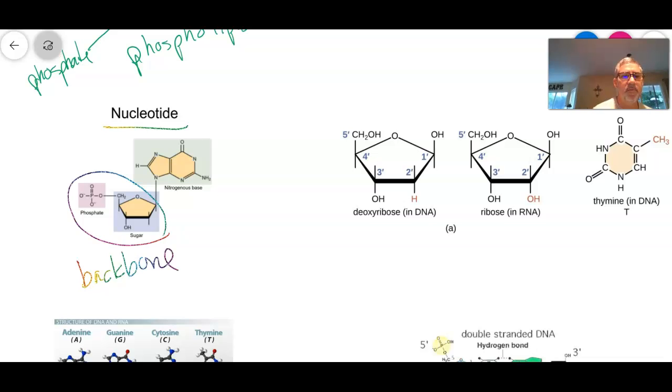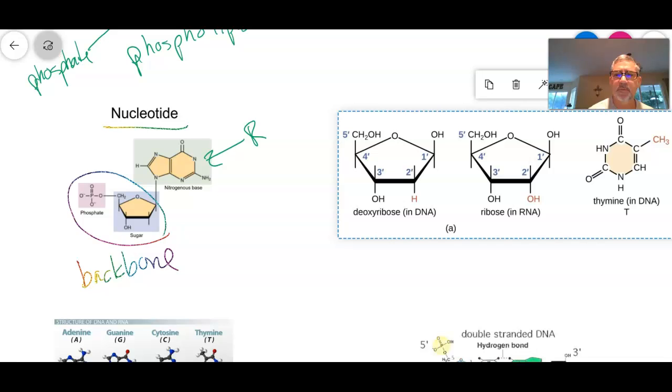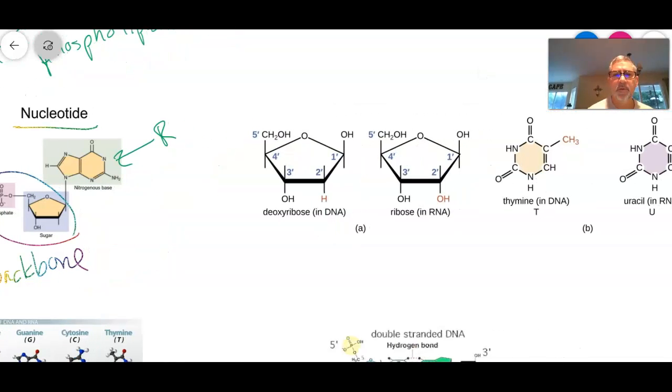So that's our backbone. And this is our functional group, so nitrogenous base. Right? So nitrogenous bases. So we can either have DNA or RNA.